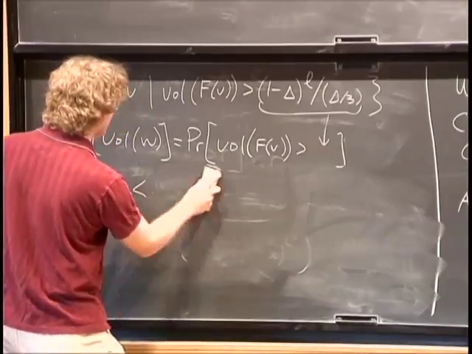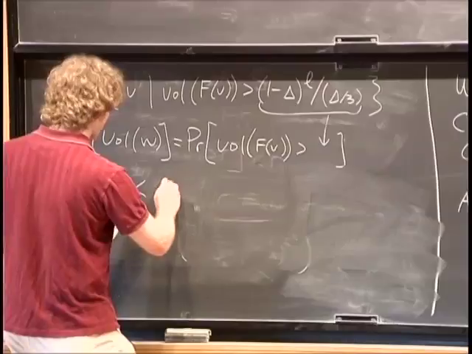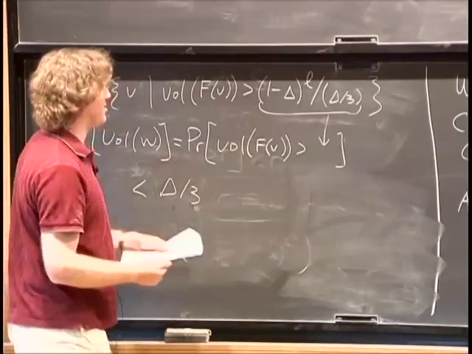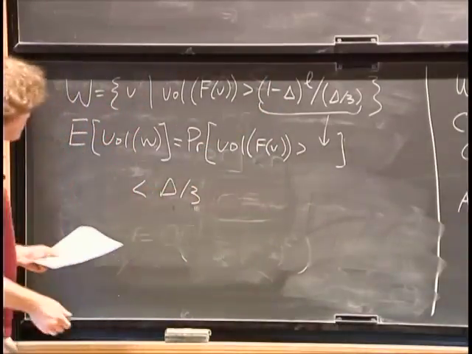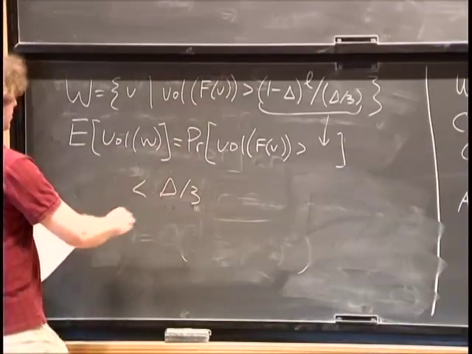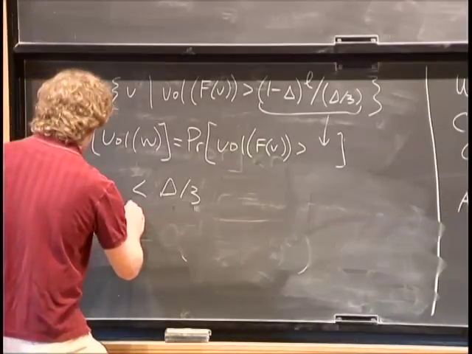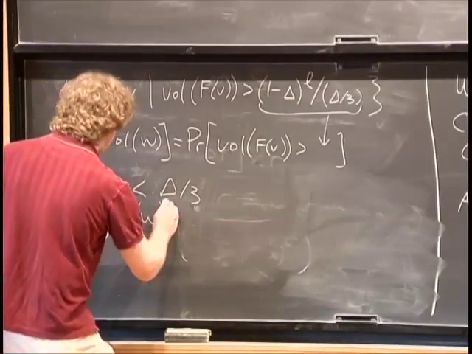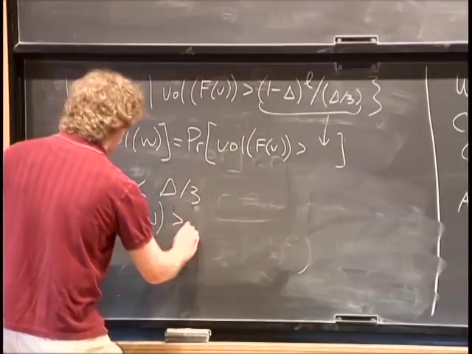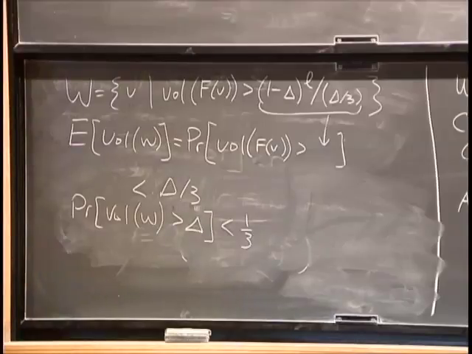I suppose that's better than writing everything and then canceling it. Yeah, so that's why we chose this anyway. And then the probability that the volume of our outliers is bigger than delta is at most a third. So from this, we get that there's a small number of outliers.